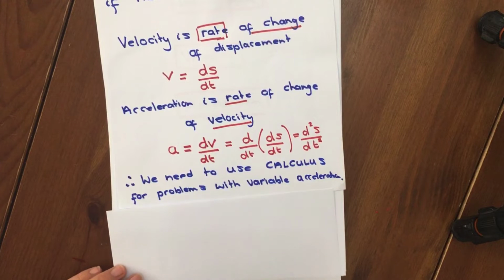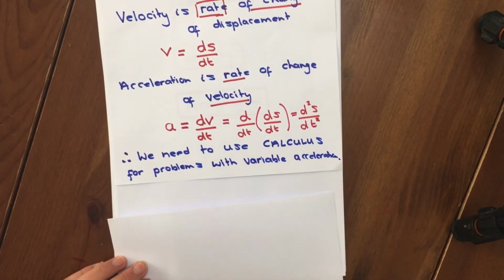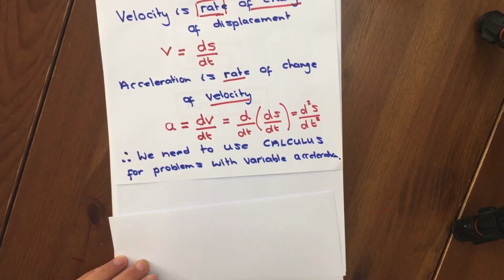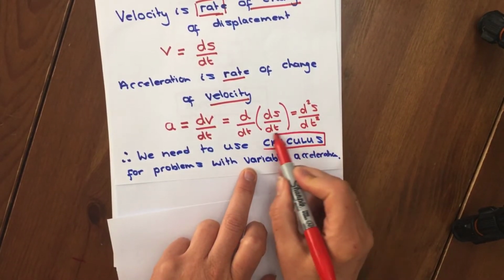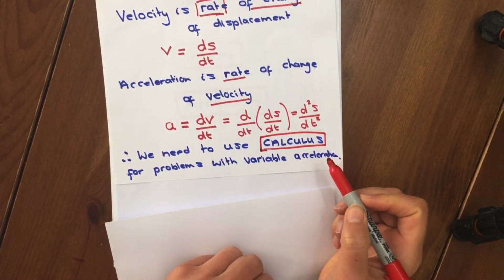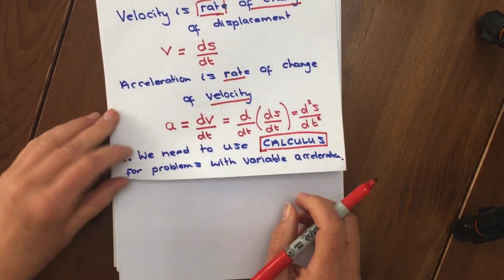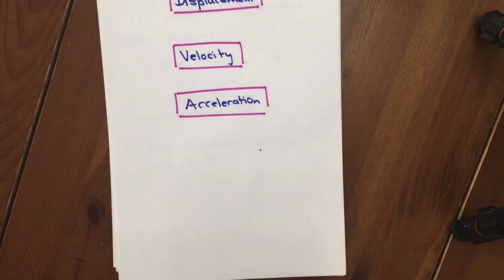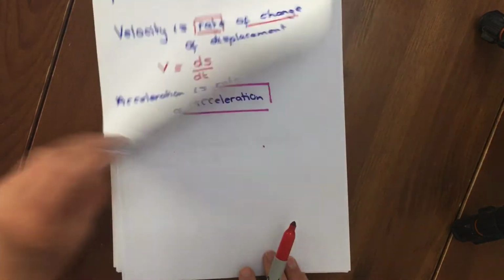Okay, so when we're looking at problems that have variable acceleration, we need to use what we call calculus. And what calculus means is either integrating or differentiating. Now, there is another way of writing this connection that we've just shown you in an easier way to remember.